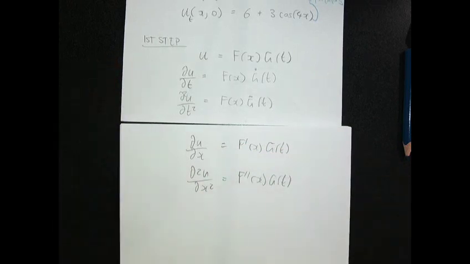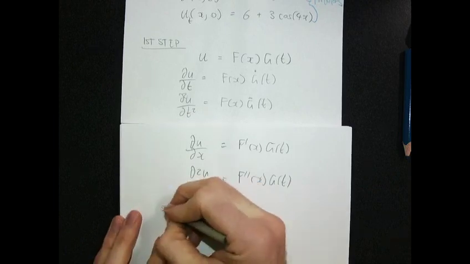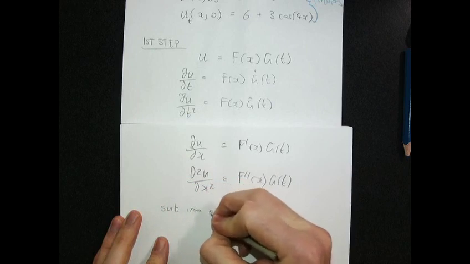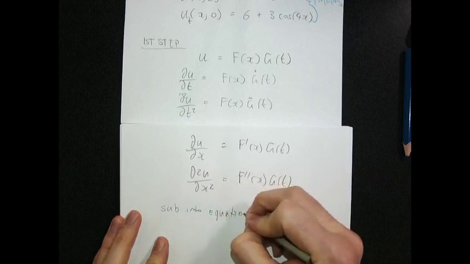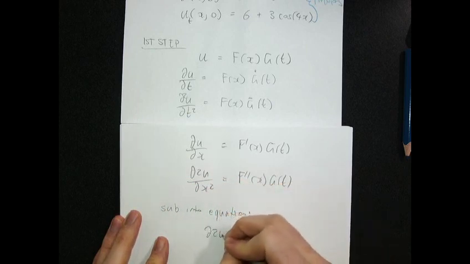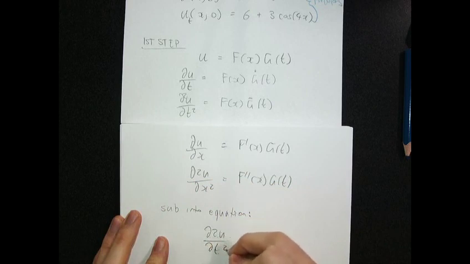Right. So now we've figured out what d squared u on dt squared was. We've figured out what d squared u on dx squared is. And we can sub them back into the original equation. So the original equation was this.